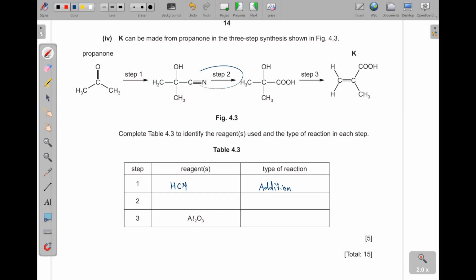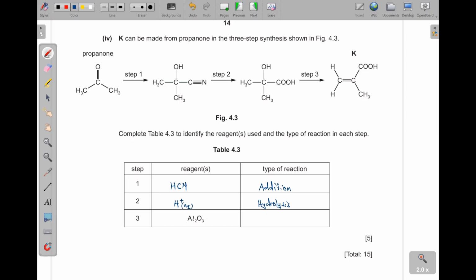For the second one, from this one to this one here, that is hydrolysis. So I'll write here hydrolysis. And then the reagent we are using here is an acid. It can be HCl. It can be sulfuric acid. But usually we use HCl here. So I will just put H plus, meaning an acid.